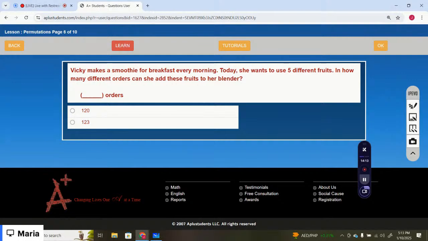Vicky makes a smoothie for breakfast every morning. Today she wants to use 5 different fruits. In how many different orders can she add these fruits to her blender? So which is the correct option?